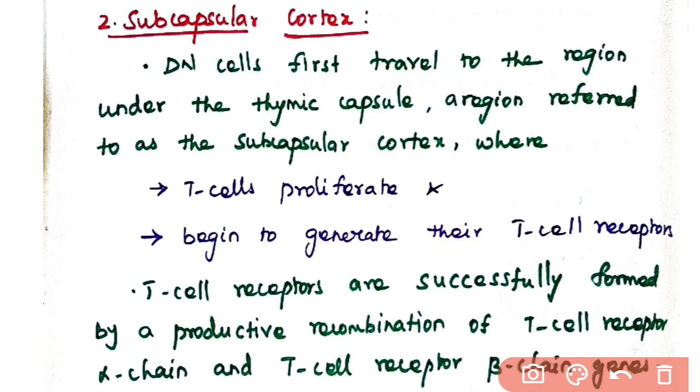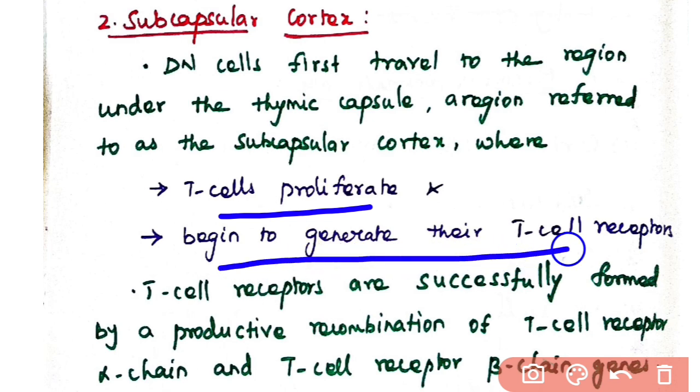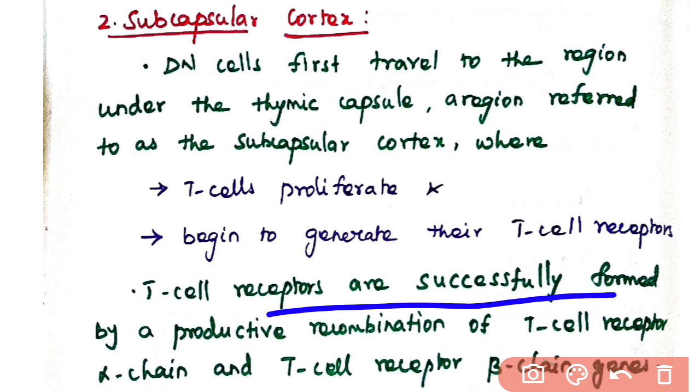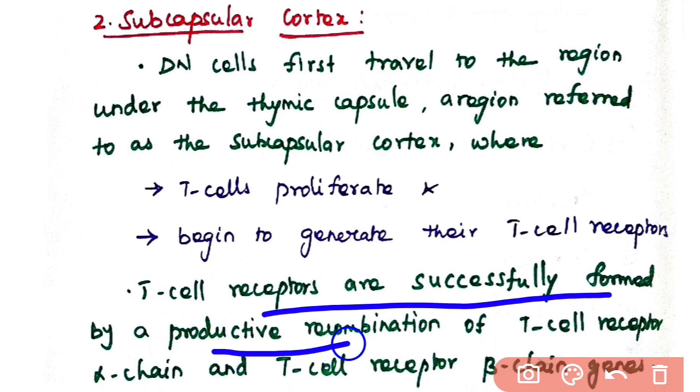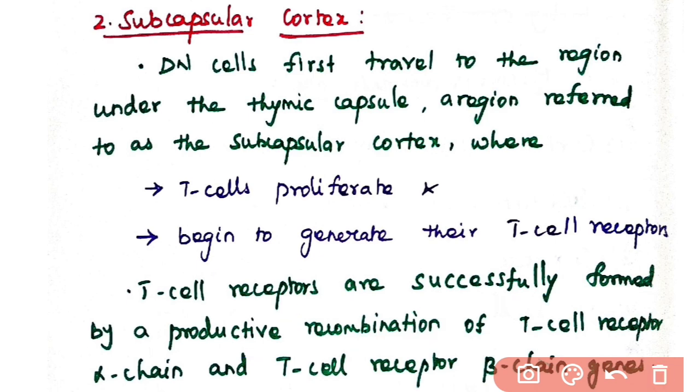In the subcapsular cortex, the process of T cell proliferation takes place, and here T cells begin to generate their T cell receptors. T cell receptors are formed by productive recombination of T cell receptor alpha chain and T cell receptor beta chain genes. So there will be a recombination between the alpha chain and beta chain of the T cell receptor, and there will be a formation of T cell receptors on the T cell surface.